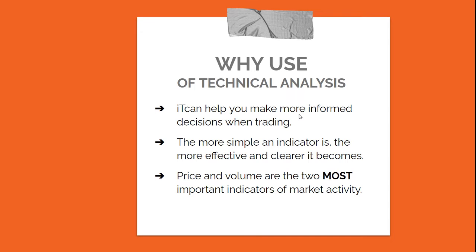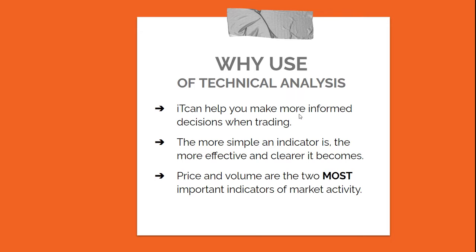Technical analysis can help you make more informed decisions while trading. So you can figure out the price of a coin before you make an informed decision on whether you want to hold the coin or trade it.